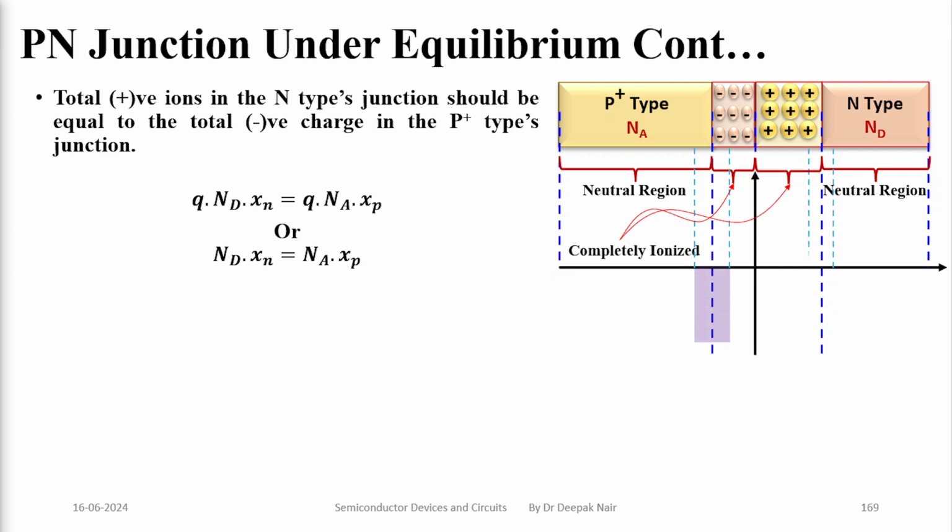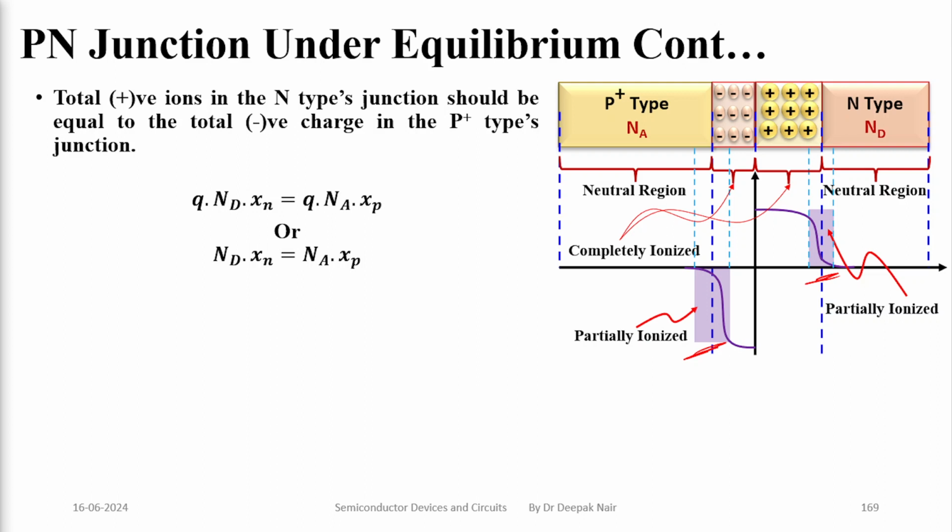Even in the region close to the junction of the P plus type semiconductor and the actual junction, there will be a small gradient of electrons and holes, and similarly in this region we have a small gradient of electrons and holes. This region represented by purple color is partially ionized.